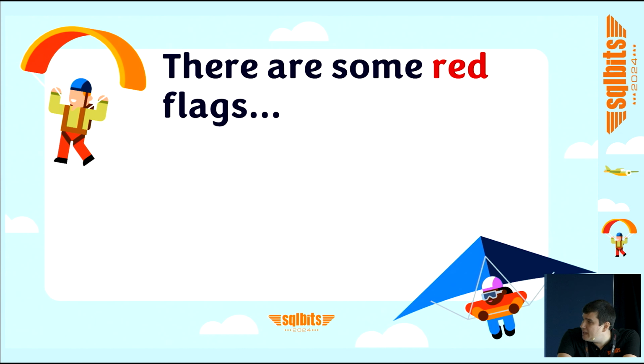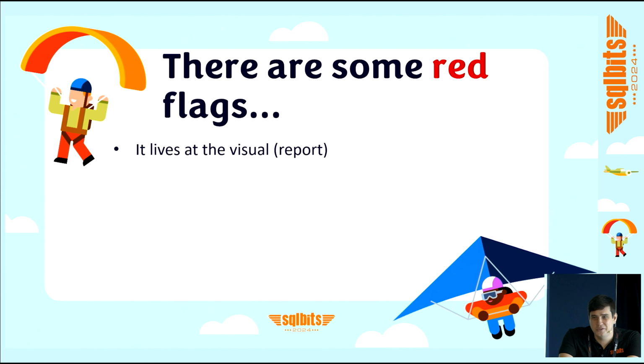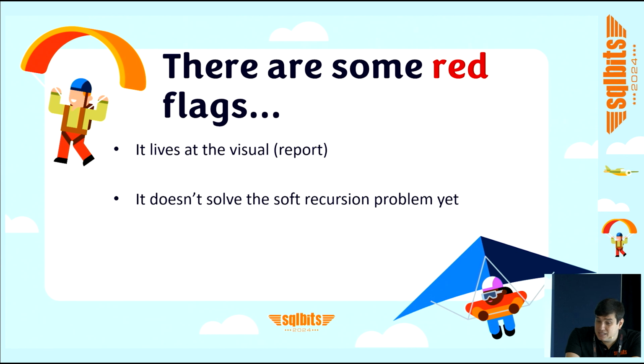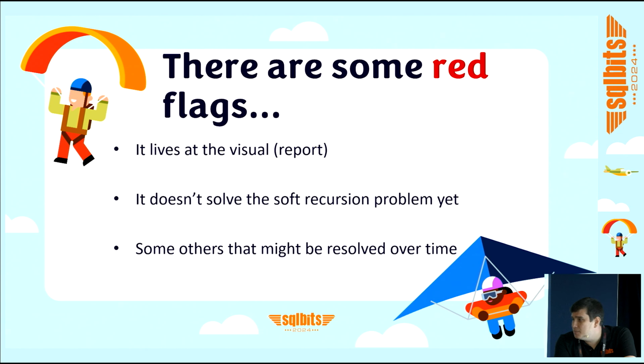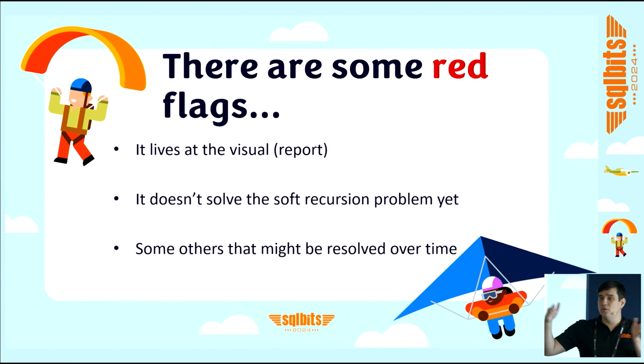So there are some red flags. It lives in the visual, the report. If you change some specific logic, you have to find and change it in every other one and probably miss some. It doesn't solve the recursion problem yet. And there are some other things, as one previous question we had here, that are on the roadmap. Eventually, they will get resolved.